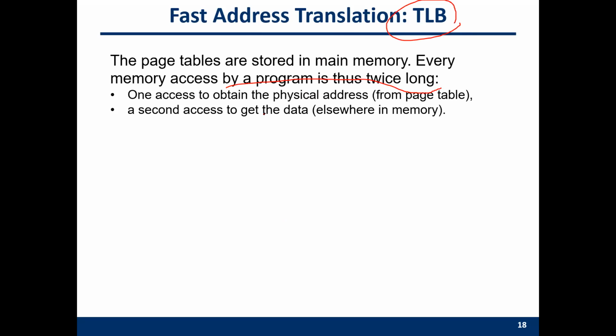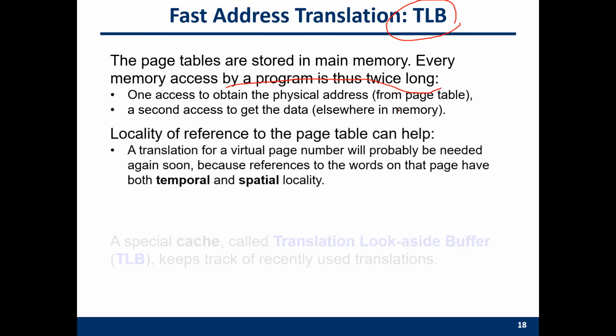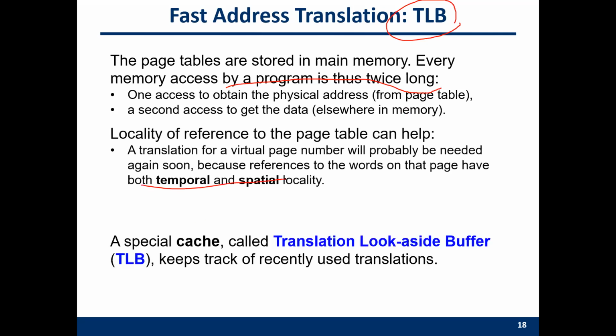This is the TLB. We talked about the TLB in our cache slides. Here we will explain it again. Because we have temporal and spatial locality, when we do a translation for one virtual page, it's very likely we will do the translation for the neighbor of this virtual page.